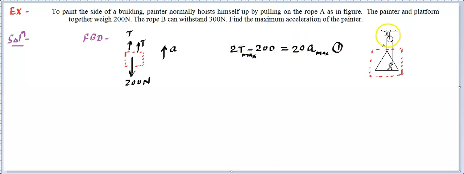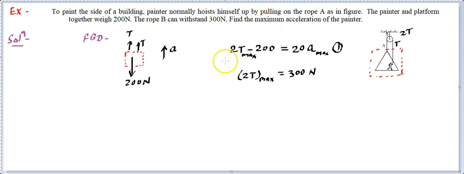Now let's come to the B string. If we have considered T tension here, there is going to be 2T tension on the B string. And 2T is the tension of the B string, and its maximum value that it can withstand is given to us as 300 newton. We can place this value over here, and from here we can calculate the value of A max.